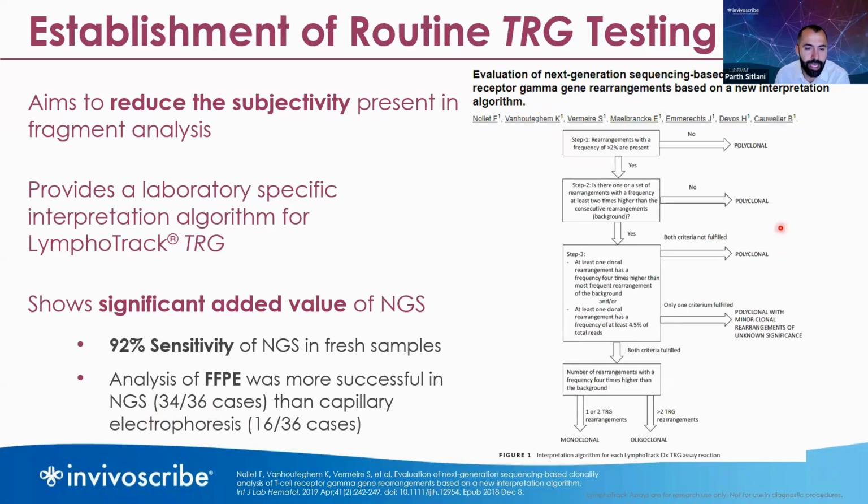And they developed a set of interpretation criteria that shows more than just positive negative. They broke it down to monoclonal, oligoclonal, polyclonal with minor clonal rearrangements, or polyclonal. So they showed using the LymphoTrack data, they were able to get a little bit more distinction between the different types of samples.